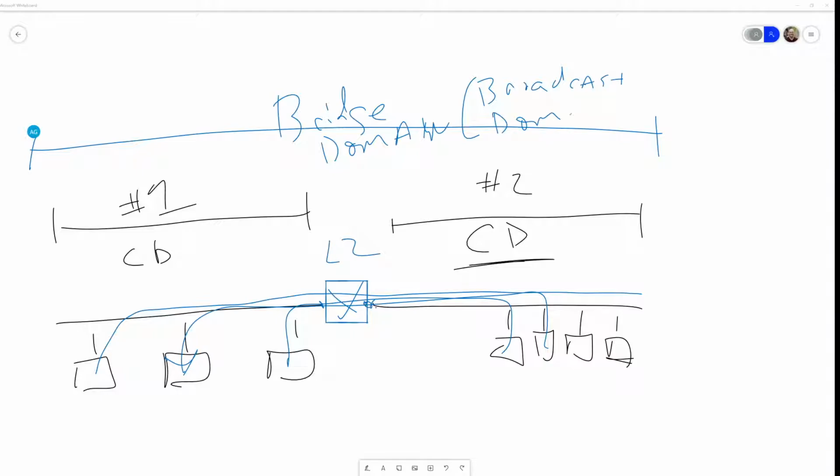So we're not talking about collisions when we're talking about broadcasts. More normally, when we talk about broadcasts, we're talking about an Ethernet frame where the destination address is all Fs, all hexadecimal Fs. In an Ethernet header, you have MAC addresses, and they're 48 bits long, or 6 bytes. So 6 bytes times 8 bits in a byte equals 48 bits.